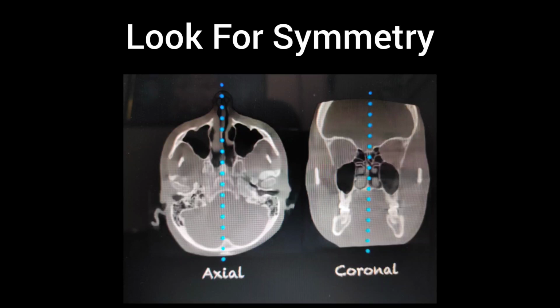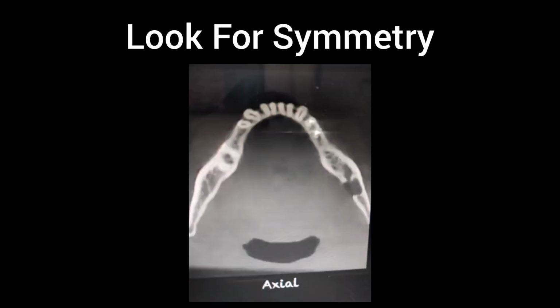So with cone beams, when you are reviewing, you should look at the axial and coronal views first, so you can look for the symmetry between the right and left sides, and save the sagittal view for the last one.